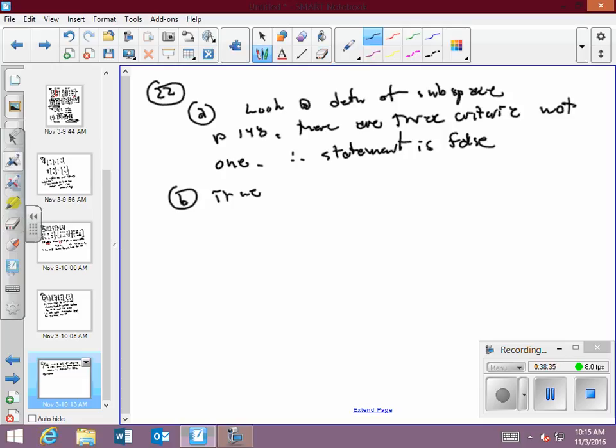Because if you look on page 149, above example 4, it's telling you that that's a true statement.